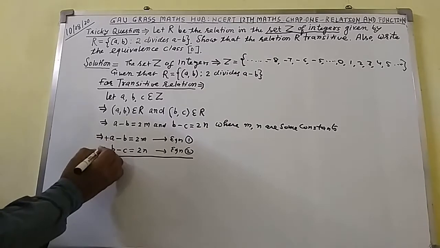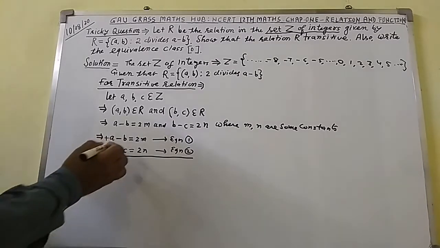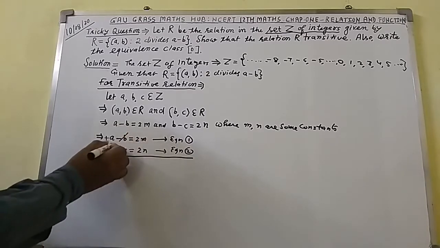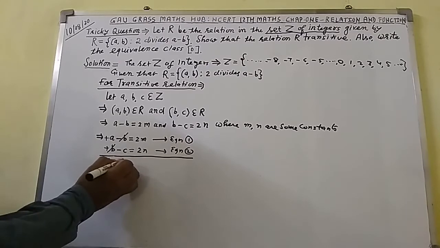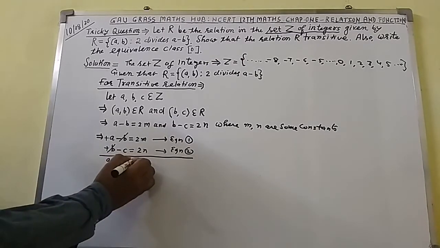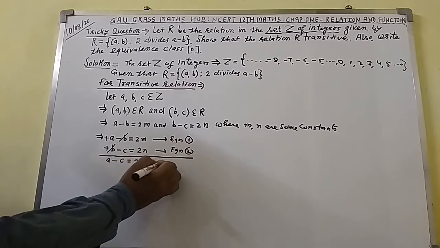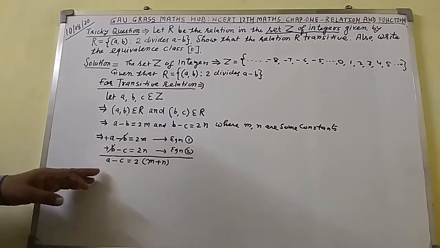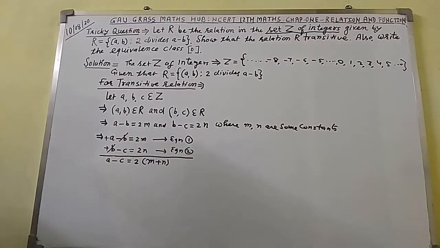Here plus is there, here plus is there. So on adding, minus b plus b will be cancelled out. Here you will get a minus c equal to 2 in brackets, m plus n. This means that a minus c is divisible by 2.